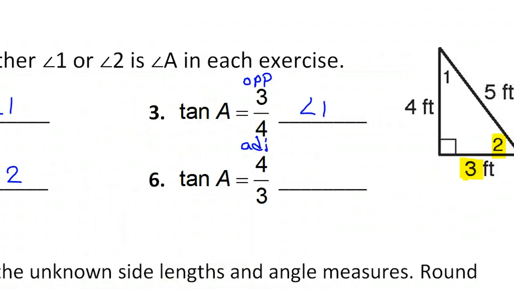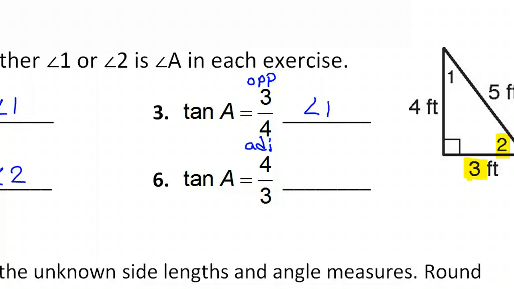And number 6, if we talk about the tangent, the definition of tangent, let me clean this up for a second. The definition of tangent is the opposite leg over the adjacent leg. So this has got to be the opposite leg, and this is the adjacent leg.